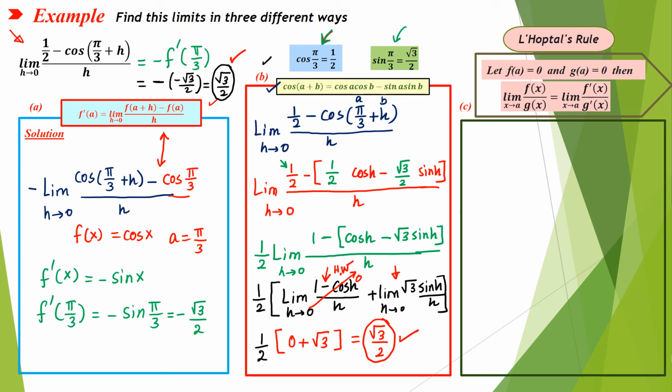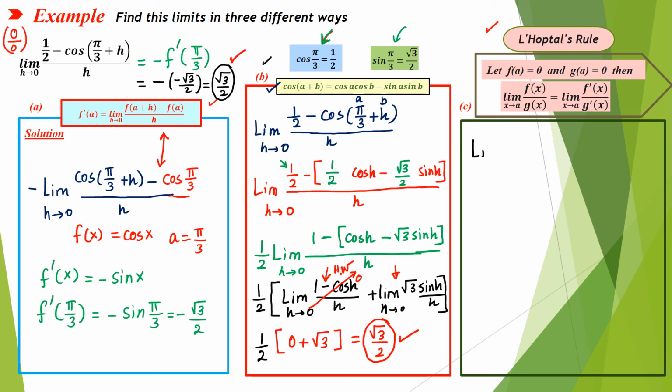The third method is to use L'Hôpital's rule. In L'Hôpital's rule, you have to check that the direct substitution of our limit is 0 over 0. It is easy to check that. Then you have to find the limit of f prime divided by g prime.